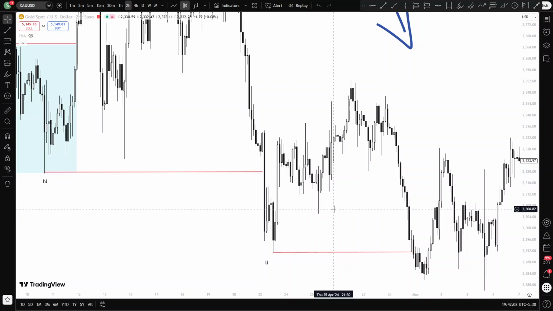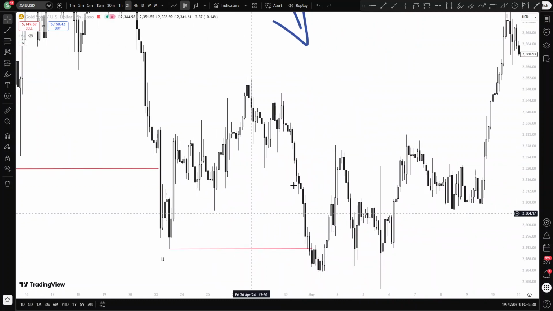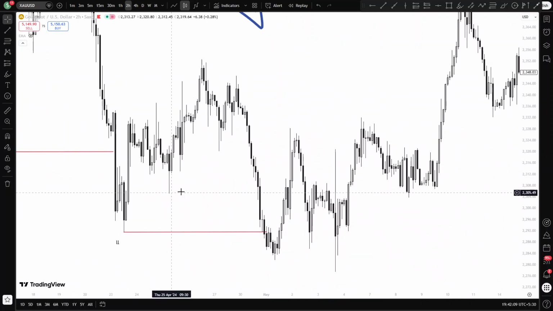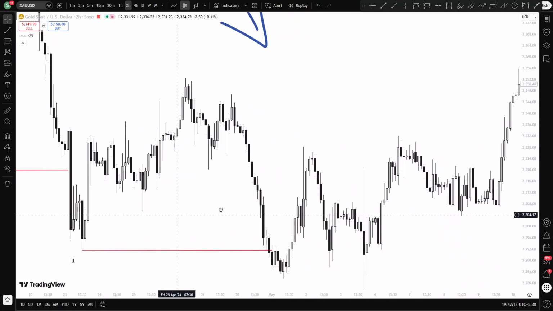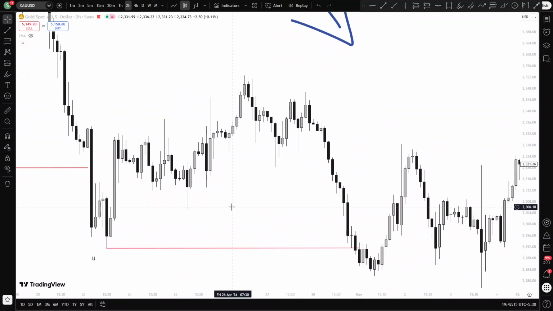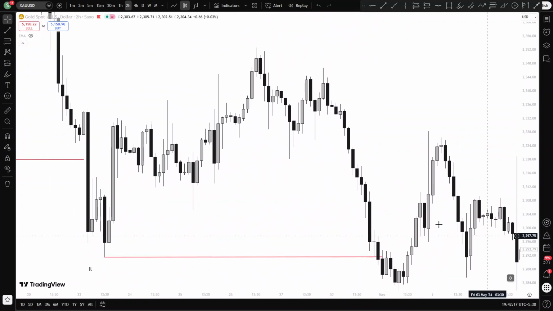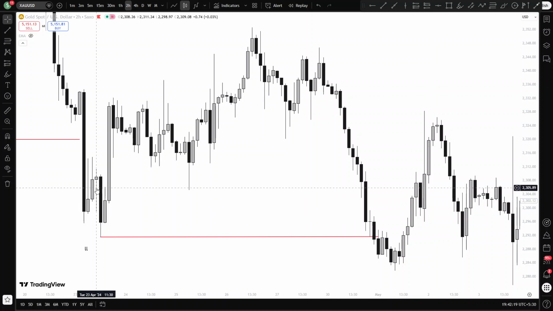For this lower low, after this break of lower low, what are we supposed to do? We are supposed to do the same thing which we did when marking our higher low.